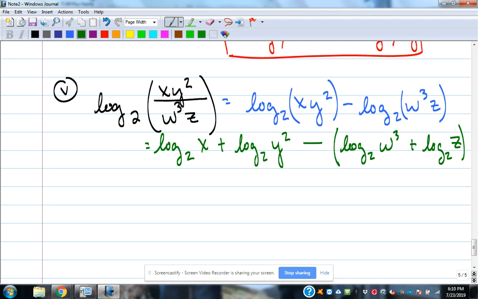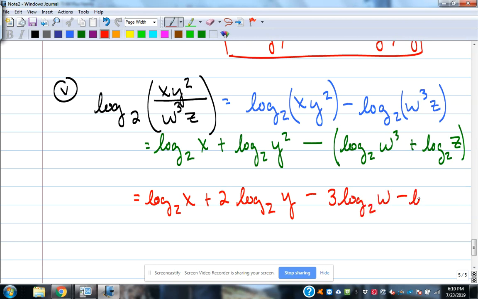I'm subtracting both of those pieces, right? So when I finish this off and do my power rules there, I'm going to take this log base 2 of x plus 2 log base 2 of y minus 3 log base 2 of w minus log base 2 of z.